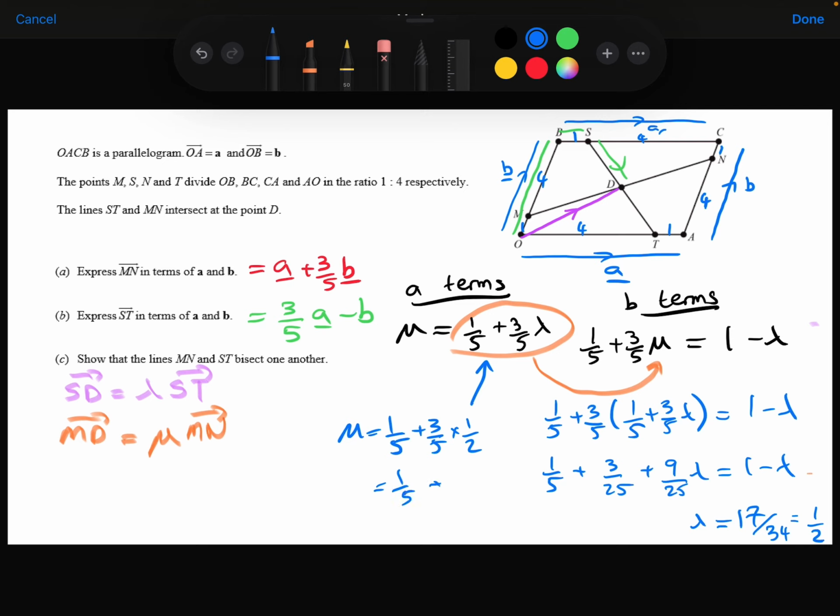So 1/5 plus 3 over 10, which is 5 over 10, or 1/2, which again is what we needed to show that MD was 1/2 of MN, so that MN had been bisected.